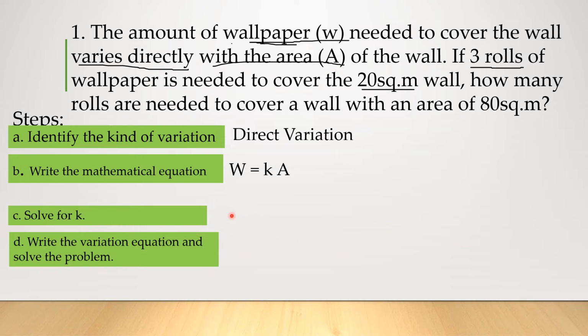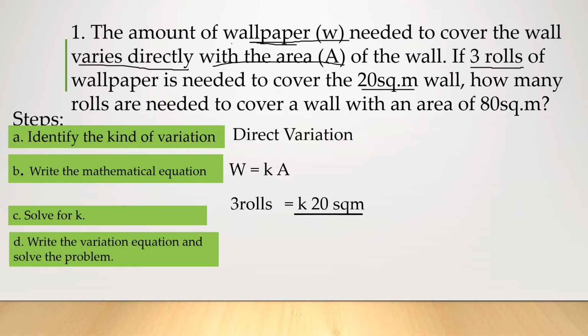So to solve for the constant of variation, simply, we're just going to substitute the value of W and A. So the wallpaper here is 3 rolls. That's for W is equal to K times 20 square meters. Now what are you going to do?